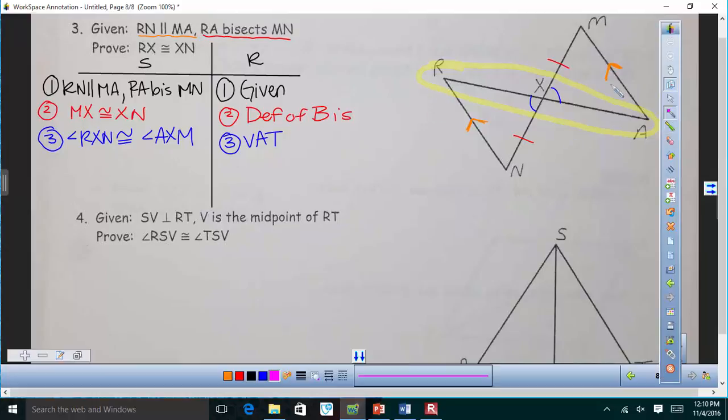So if this is the transversal, that means angle R and angle A are what? Congruent, they're alternate interior. So we're going to write alternate interior angles theorem. And it would be angle R is congruent to angle A.